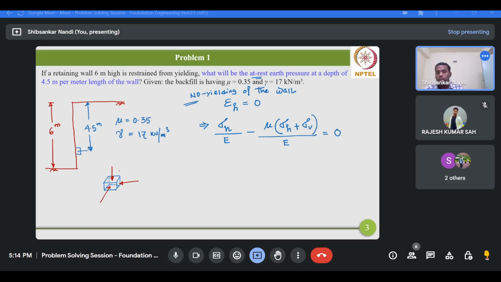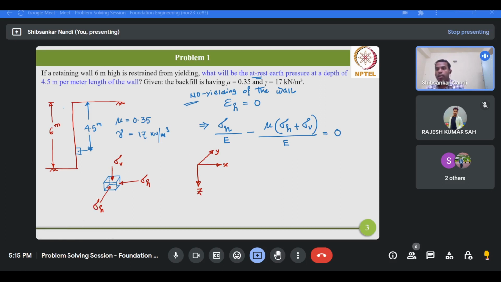First, it is subjected to a vertical stress due to the vertical overburden or self weight of the soil above this element, and it is subjected to horizontal stresses along two horizontal directions. If we consider the vertical direction as z, then x and y are the horizontal directions. So z is along the height of the retaining wall, and x and y are along these directions.